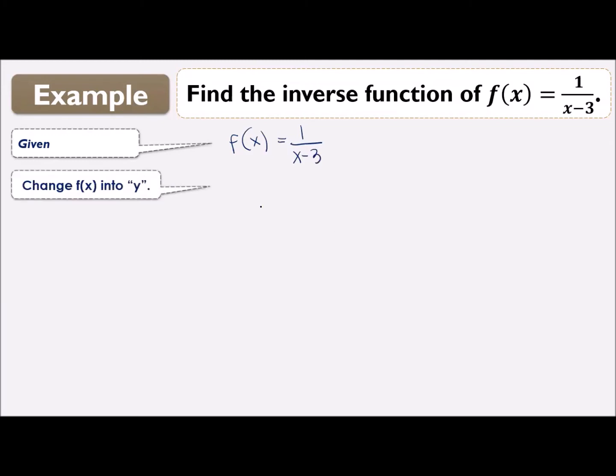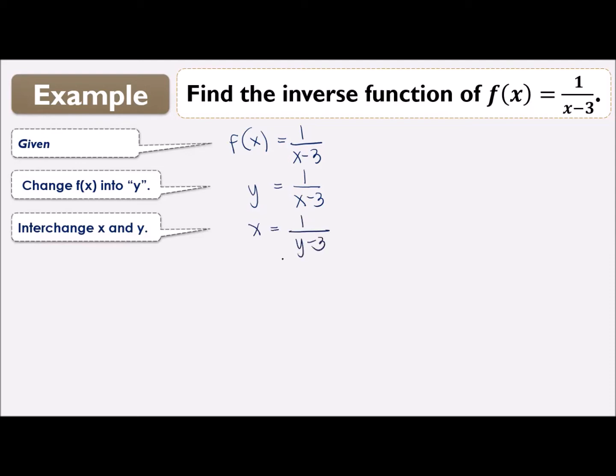And then change f of x into y. So itong f of x na to, gagawin lang natin siyang y. As simple as that. And then copy the rest. The next step, pagpalitin lang daw natin si y magiging x, and then yung x magiging y. And then solve for y na po.